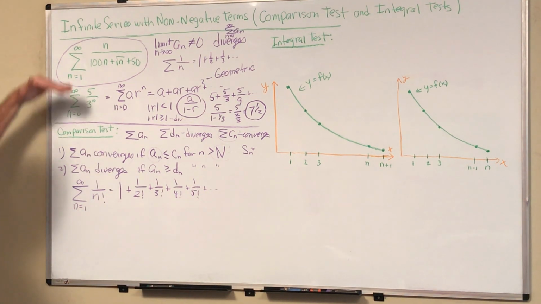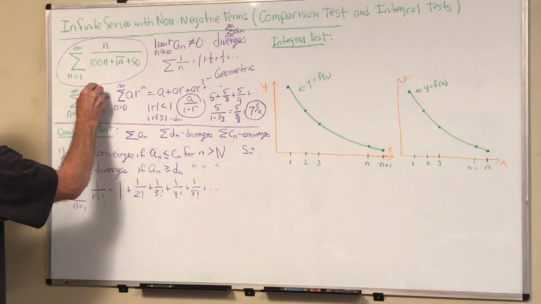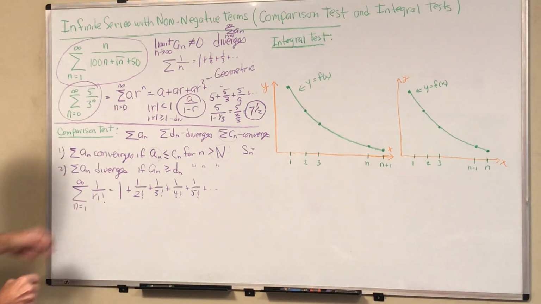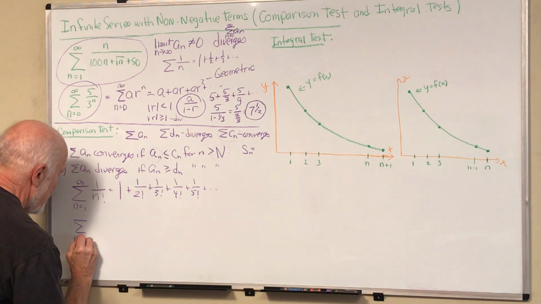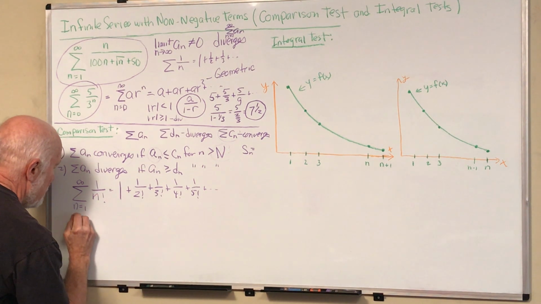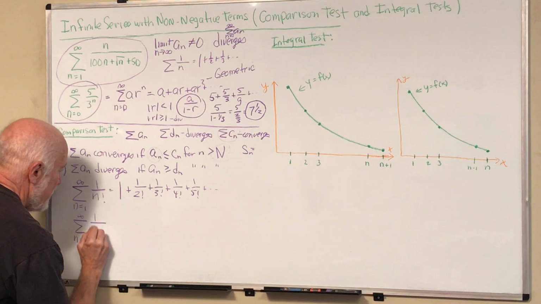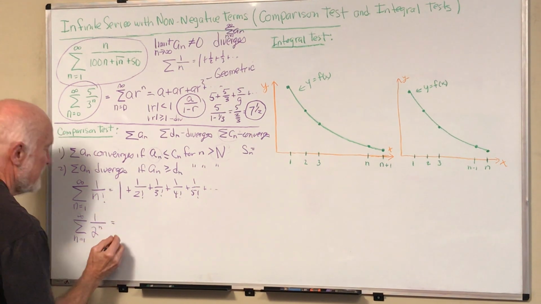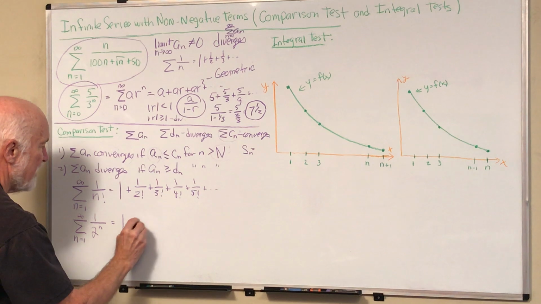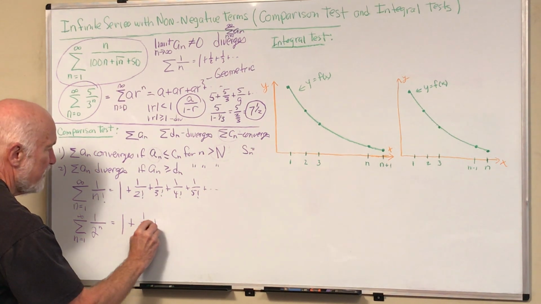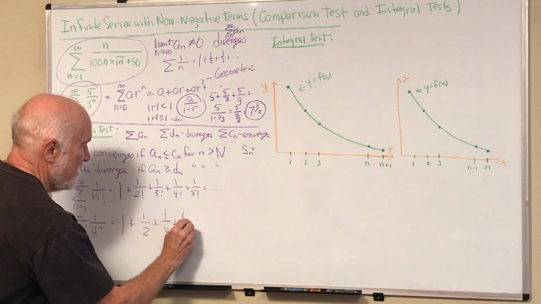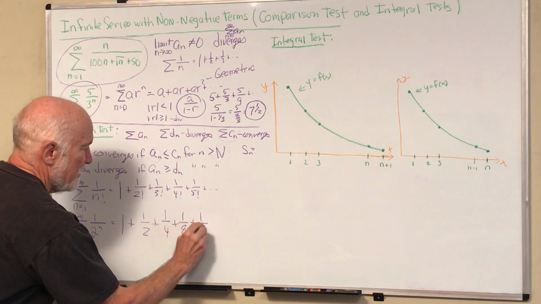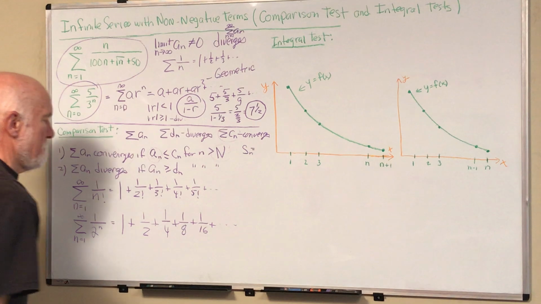Well, I don't know too many things, but I do know geometric series. So if I could compare that to a geometric series, so say we took 1 over 2 to the n, which is 1 plus a half plus a 4th plus an 8th plus a 16th.